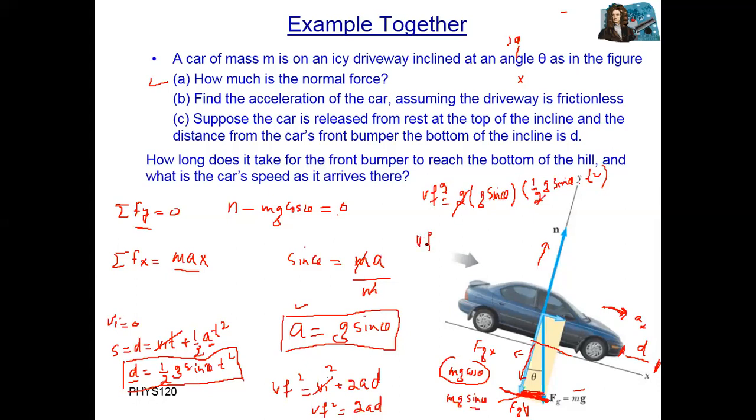We have final velocity square equal to g times g, so g square, sine times sine, sine square, and t square. Correct? Okay, we have Vf square. If you take the square root, these two cancel. Vf is equal to g sine theta multiplied by t. This is the final velocity of the car.